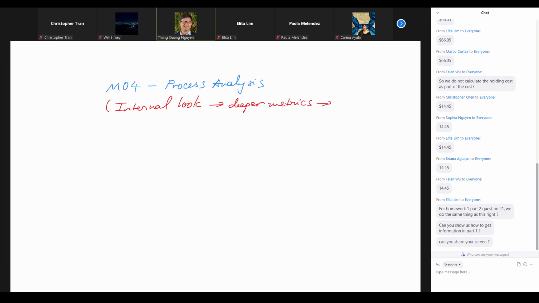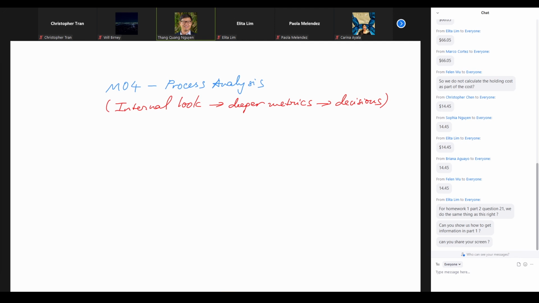After we find out the deeper metrics, we can make other important decisions, right? So module 3 is for us to measure the 3 fundamental metrics and make important decisions. And here we find other metrics and make other important decisions, right?